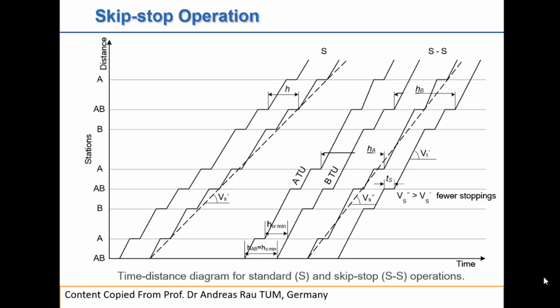The main characteristics of why we provide skip stop: number one, the higher operating speed, because sometimes it stops and sometimes it does not stop at different locations. It also gives more productivity of the transit units, because we can imagine 100% utilization of the available seats and of the capacity, which will also reduce the operating cost of any particular transit unit.